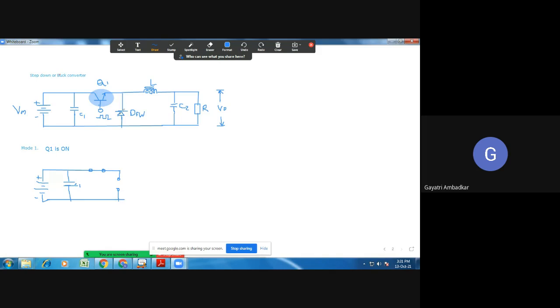Will it be forward biased or reverse biased? The switch has closed. So this is the positive terminal which is going to the cathode of the diode and the negative terminal is going to the anode of the diode. So will the diode be forward biased or reverse biased? Yes, try to answer.